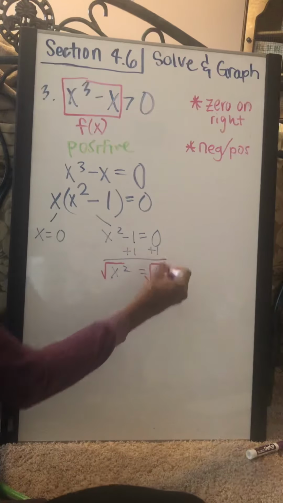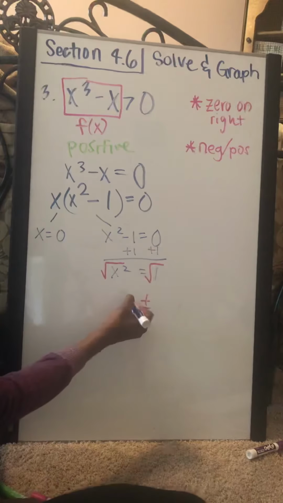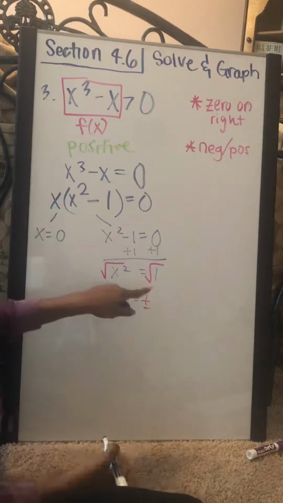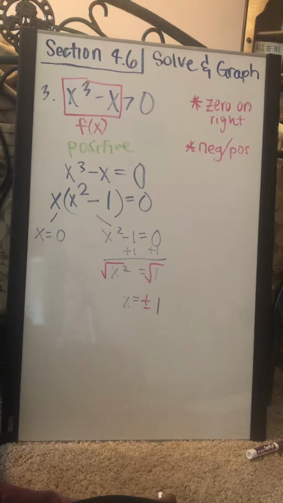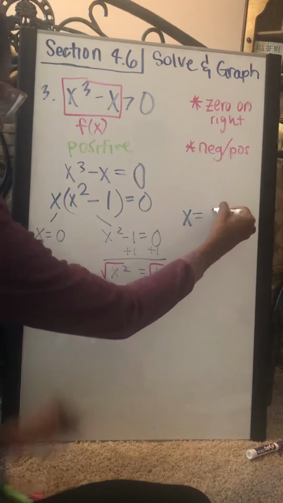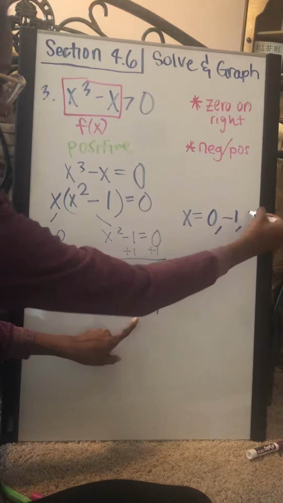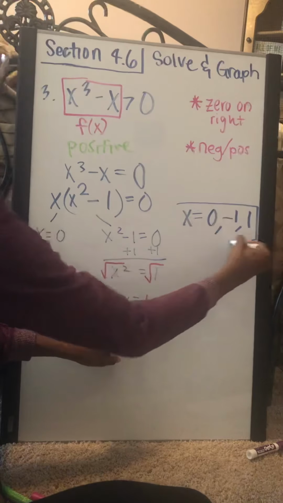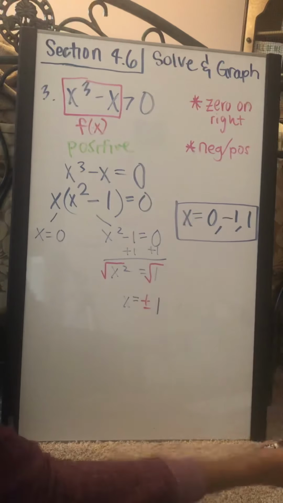You always get a plus or minus. So x is equal to plus or minus the square root of 1, which is just 1. So for our critical values, we have x is equal to 0 from this first one, and x is equal to negative 1 and positive 1.